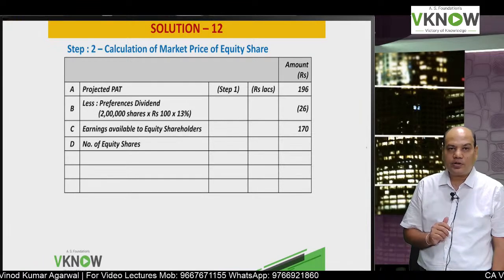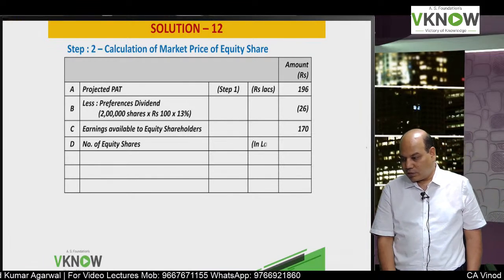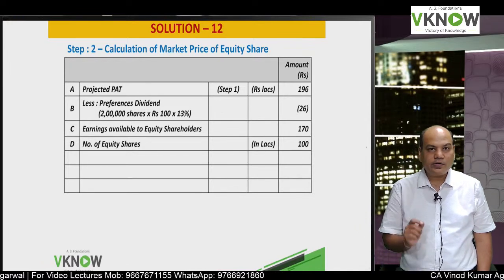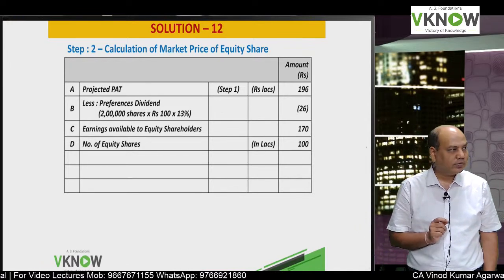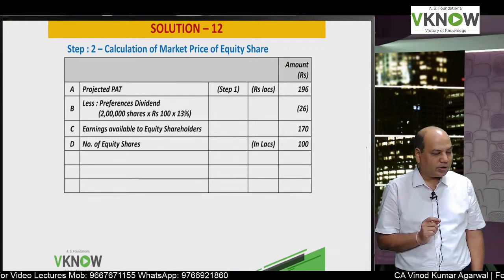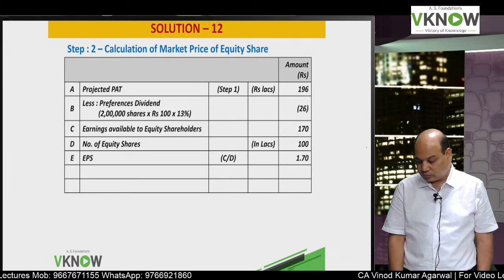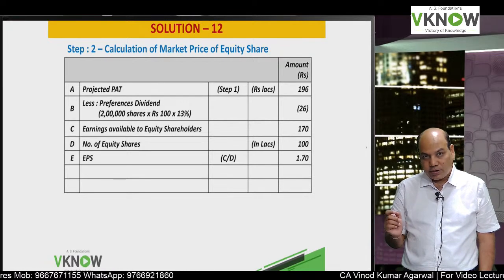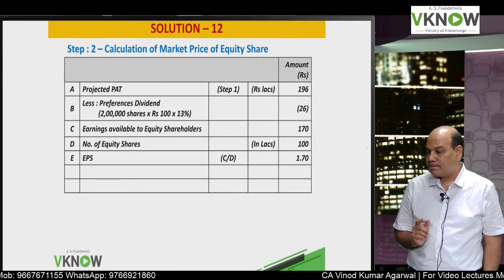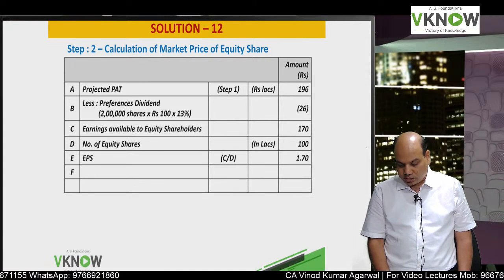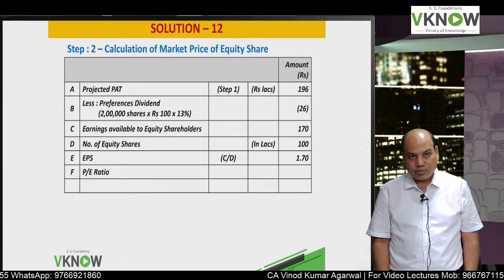Number of equity shares in lakhs is given in the problem, 100 lakhs. So EPS would be 170 divided by 100, so that is 1.70.